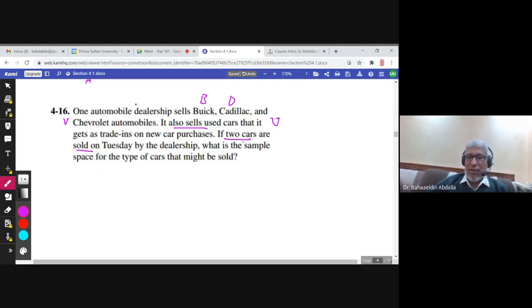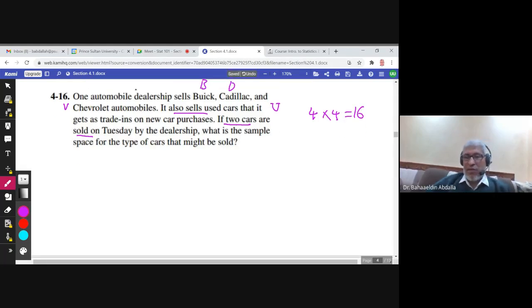2 cars. The first car, how many choices are there for the first car? 4. How many choices are there for the second car? 4. So how many outcomes would be in this experiment? 16. So if you want to use a tree diagram, the first car could be B, D, V, or it could be a used car.